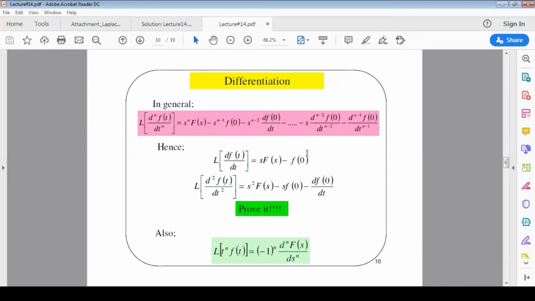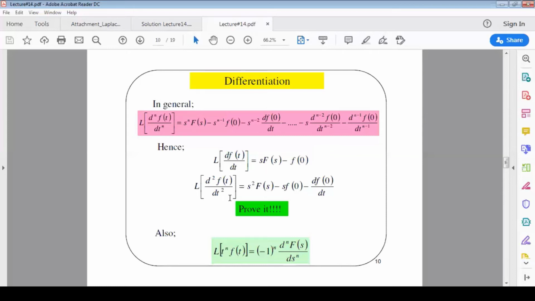So f(0) here means the time domain value of f(t) when t equals 0.